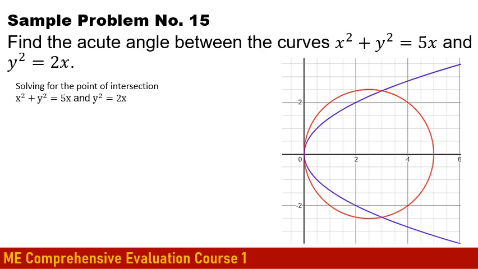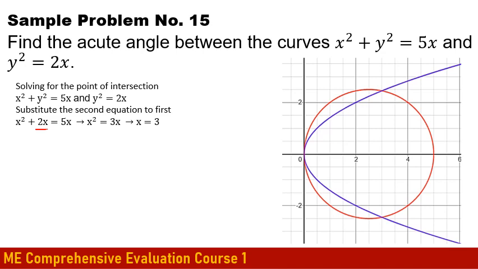So given the curves x squared plus y squared is equal to 5x and y squared is equal to 2x, we can substitute the second equation into the first. Our y squared is simply equal to 2x, and then we solve for the value of x.